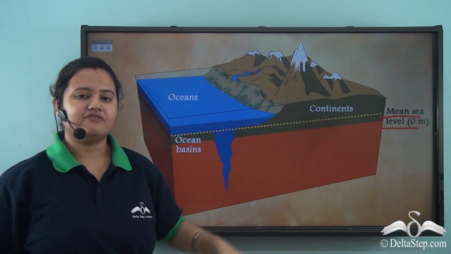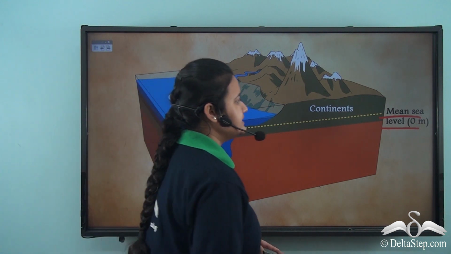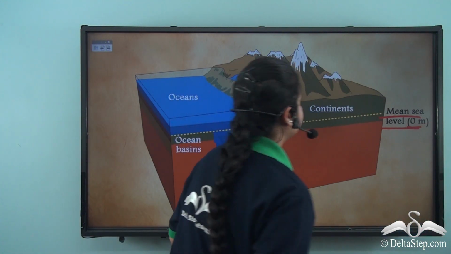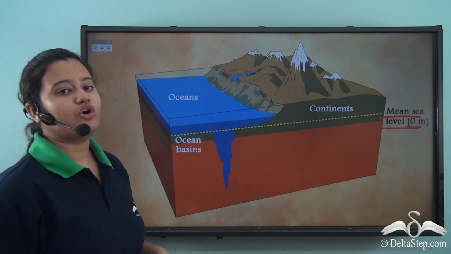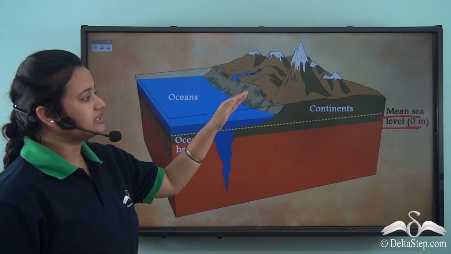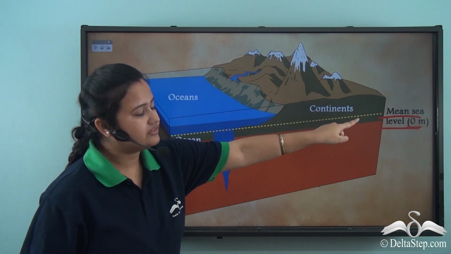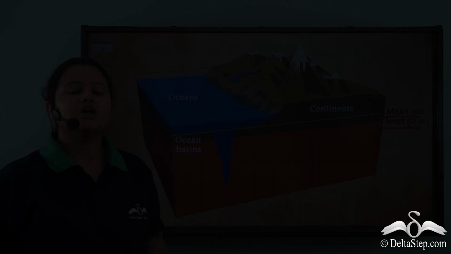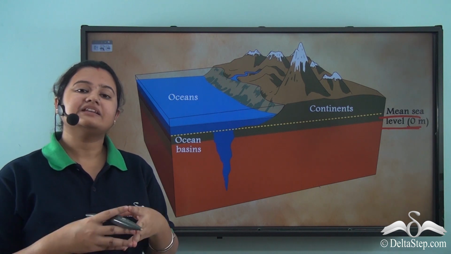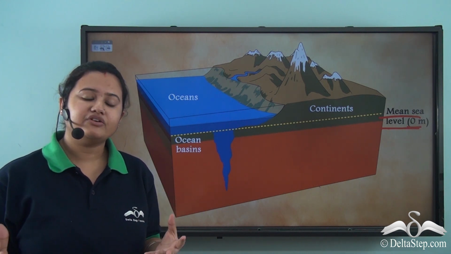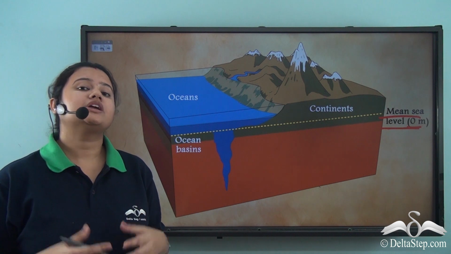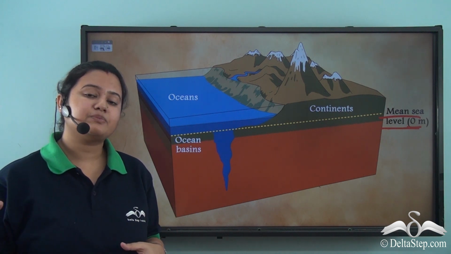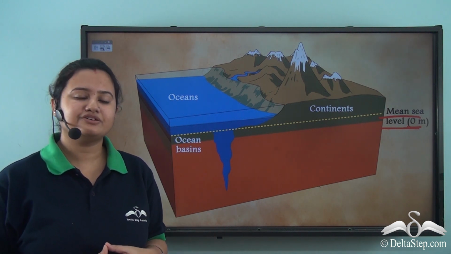This mean sea level is usually considered as 0 meter, and the elevation of other land masses is measured in comparison to this average sea level. So as mentioned previously, the earth's surface is uneven or non-uniform. So can you tell me what is the highest point and the deepest point of the earth's surface?